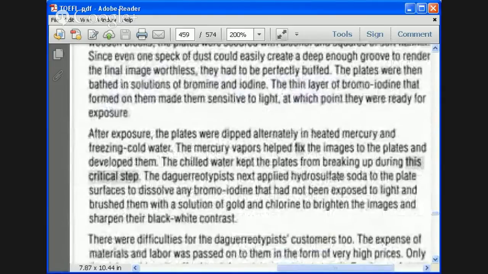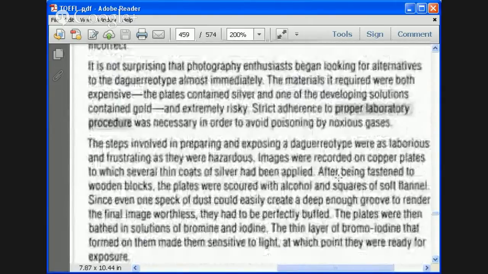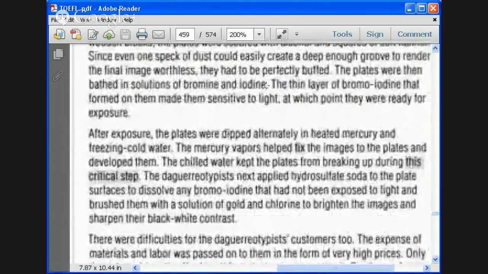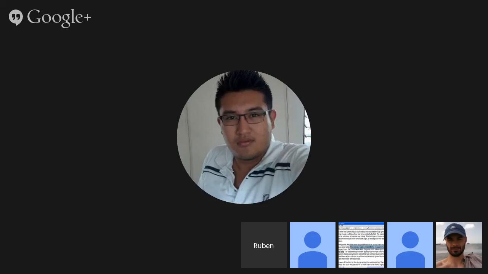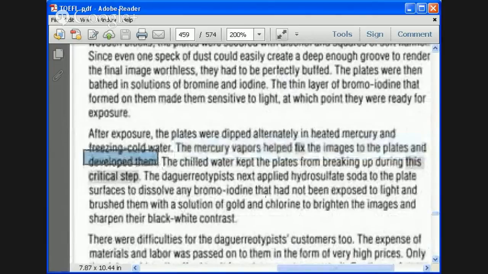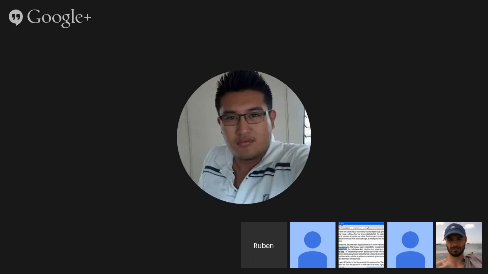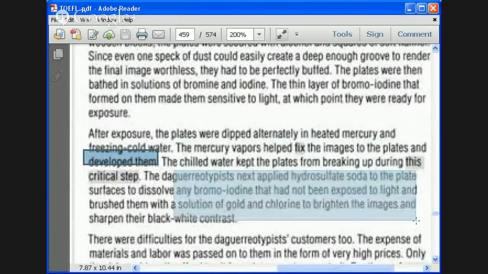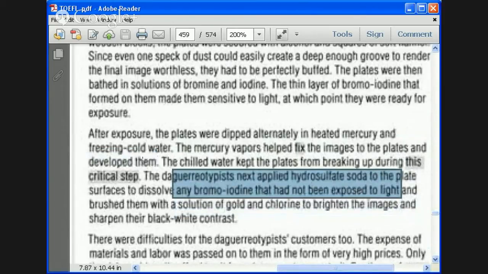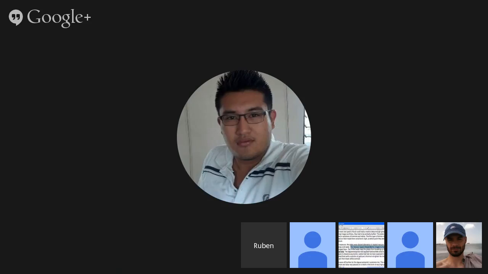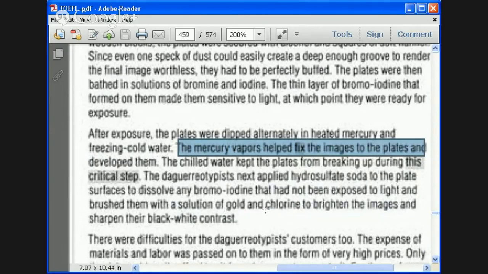I'm going to see if I can figure it out in my own words. A 1, a 2, a 3, a 4. All right, mercury vapors help fix the images to the plates and develop them. I briefly scan. Is there anything else about mercury vapors? No, not really. So, putting it in your own words, Michael, what do the mercury vapors do?